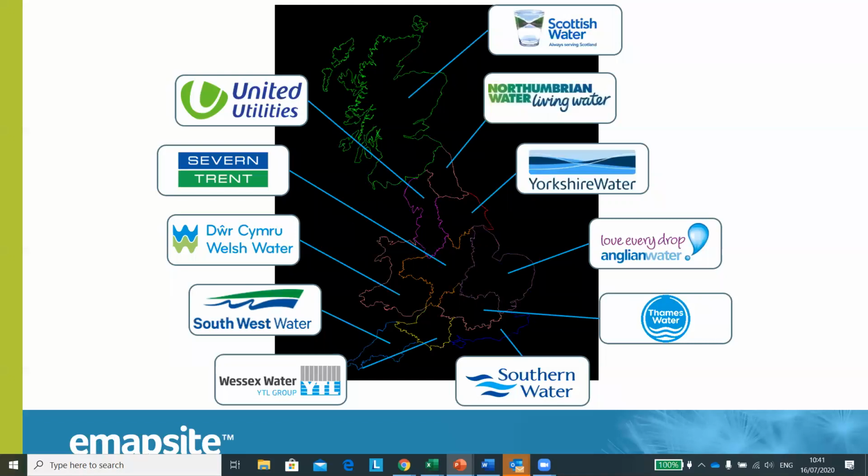Each of these are responsible for all of your water, so that's all your potable, drinkable water, but including things like fire mains, etc., all water plus foul sewerage, surface water sewerage, or storm sewerage. They're responsible for the lot in their specific area of operation. There are, again, independent suppliers, but we'll cover those in a minute. But these are the guys who are responsible for the main jigsaw of the UK.